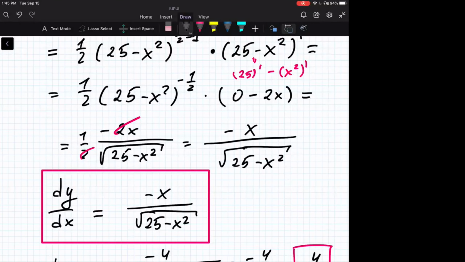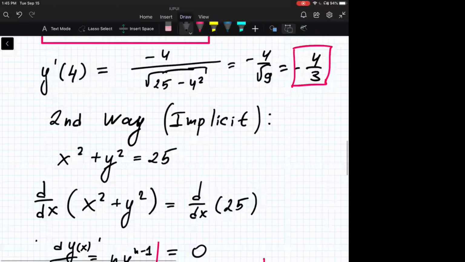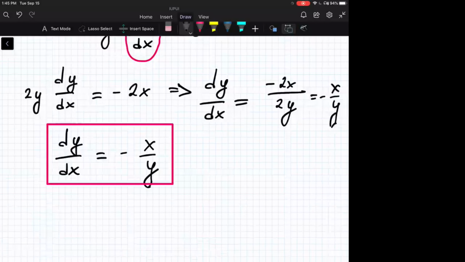There is no y here, right? While here we get a sum. In the numerator we have x, while in the denominator we have y. And this is the usual price that you need to pay for implicit differentiation, that you can find the derivative in that case, but usually the derivative will be expressed not only in terms of x, but also will involve y.